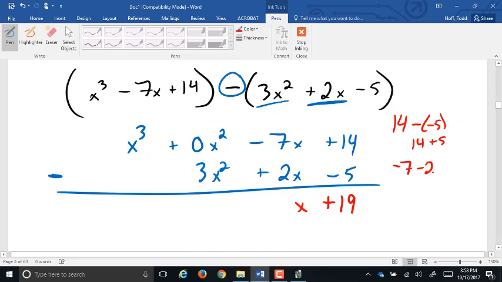It's negative 7 minus 2, which is the same as negative 7 plus negative 2. So negative 7 and negative 2 makes negative 9x. Perfect. 0 minus 3, negative 3x squared. And then think of this as 1 minus 0, 1x to the third, or just x to the third.